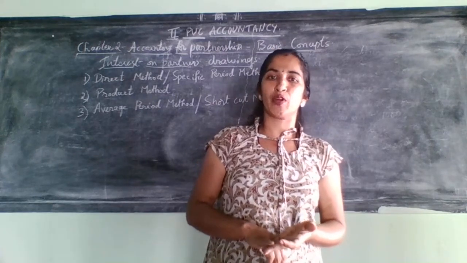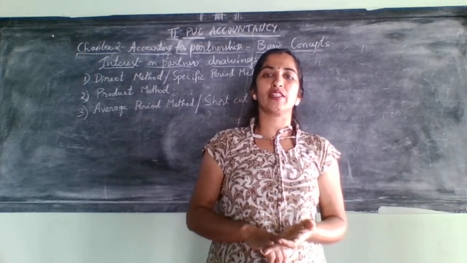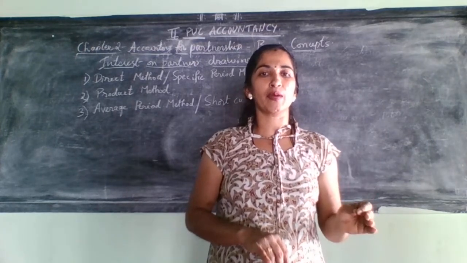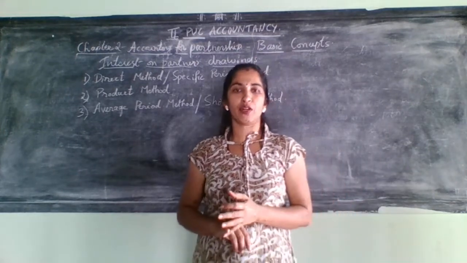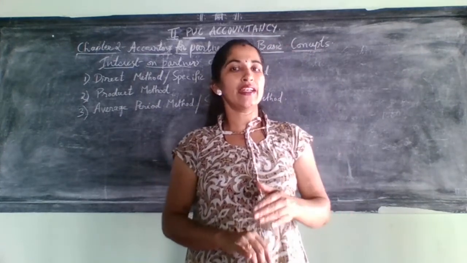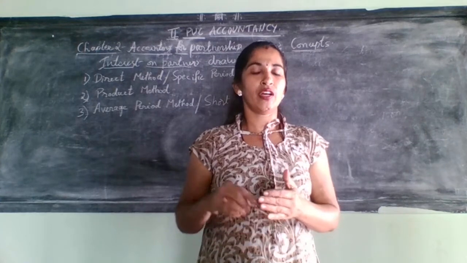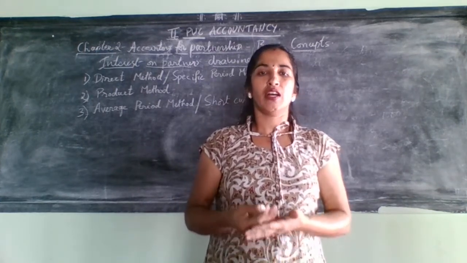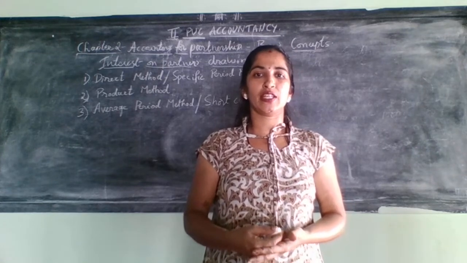When we were doing that problem, I explained to you about interest on drawing a bit. Interest on drawing, only when they give you the amount, then I told you to take it. Why? Because the method of calculating interest on drawing is entirely different. In the partnership business, partners will withdraw money for their domestic use.